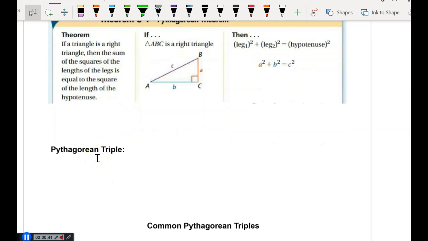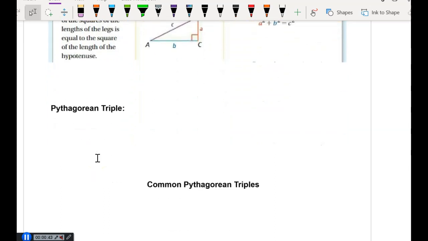So I'm sure that the Pythagorean theorem is familiar to you, but the Pythagorean triple may not be.